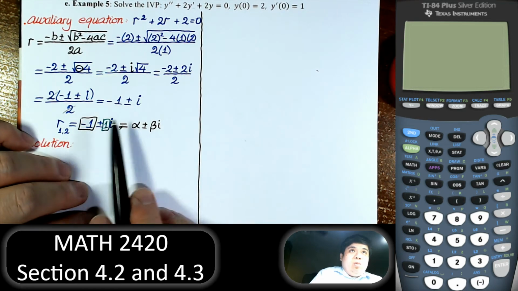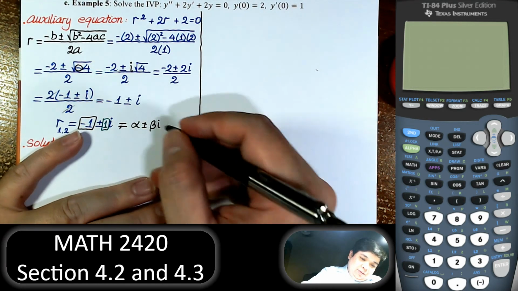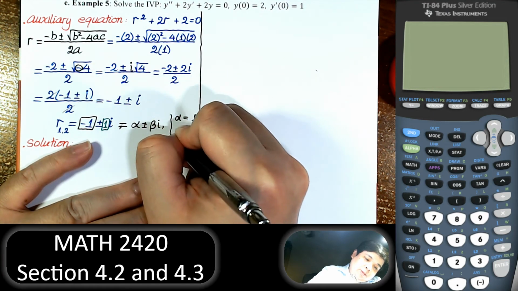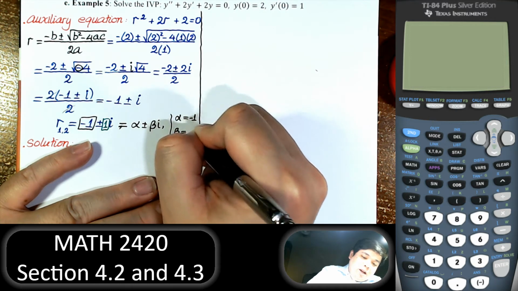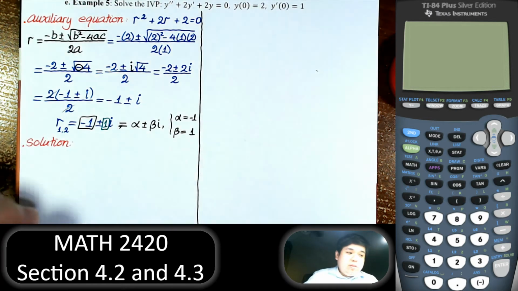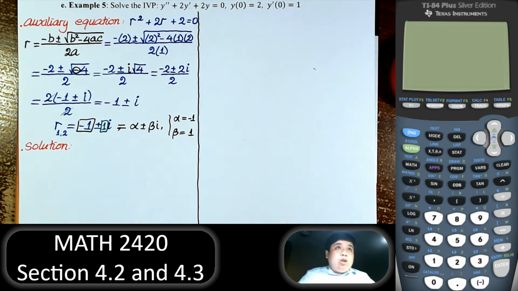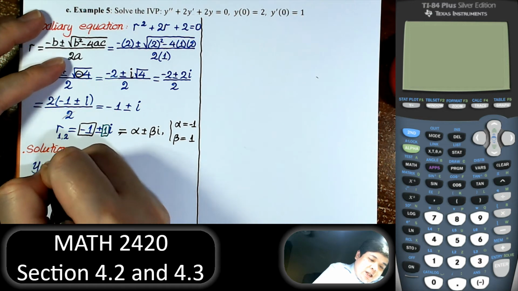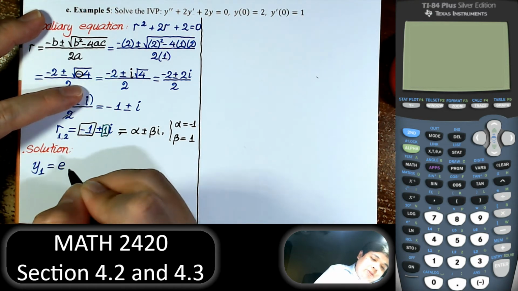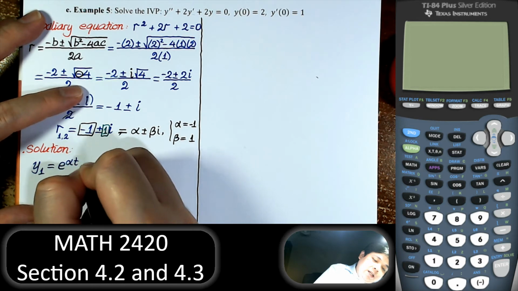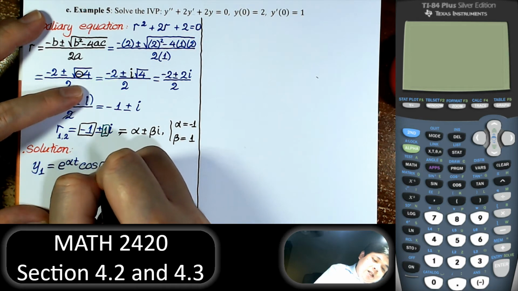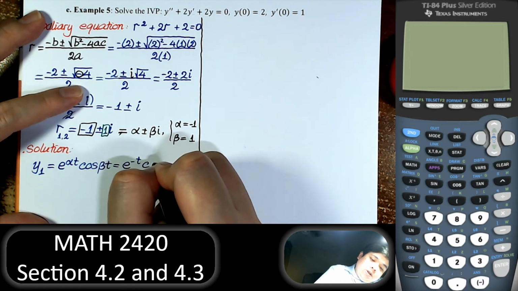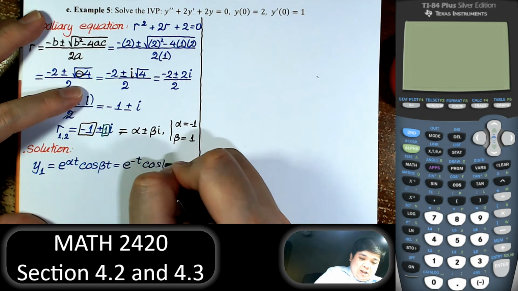So alpha is negative 1 and beta is 1. Alpha is negative 1, beta is 1. Right, so the solution y1 equal to e to the alpha t cosine beta t. So e to negative t cosine of beta t, or just cosine of t.